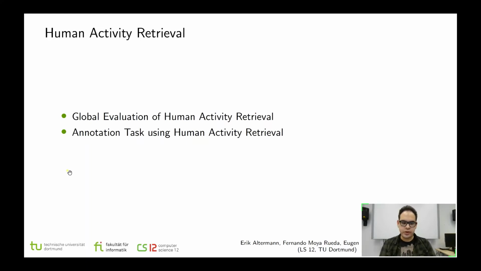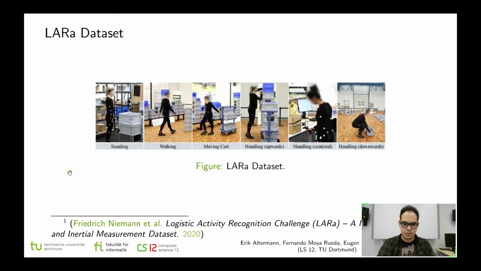What we did first with human activity retrieval is we evaluated it globally on a dataset, and then we performed an annotation task using the retrieval on a subset of the data. The dataset in question is the LARa dataset.